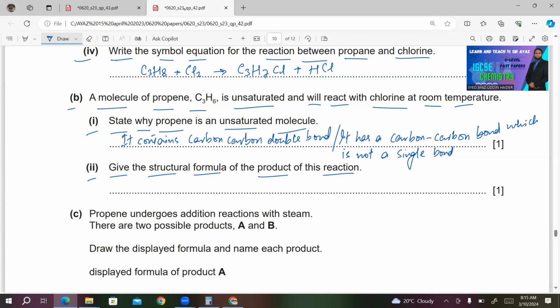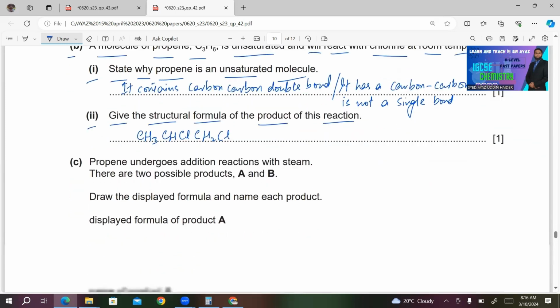The formula will be like this: CH3, CHCl. You have to add a chlorine atom to 2 different carbon atoms. A chlorine molecule will not attach to a single carbon atom. It will go to 2 different carbon atoms, especially those adjacent to the double bond. CHCl, and we will get CH2Cl. This will be the final formula.